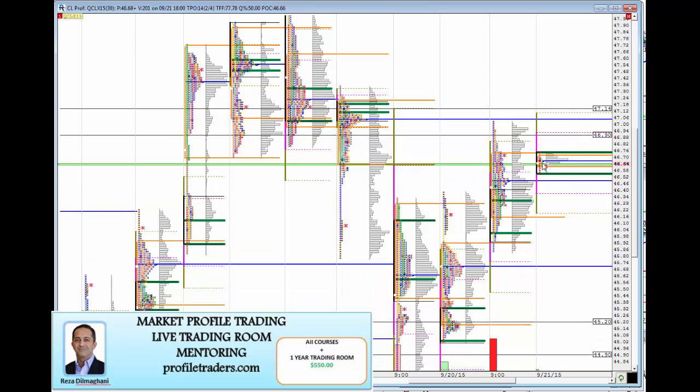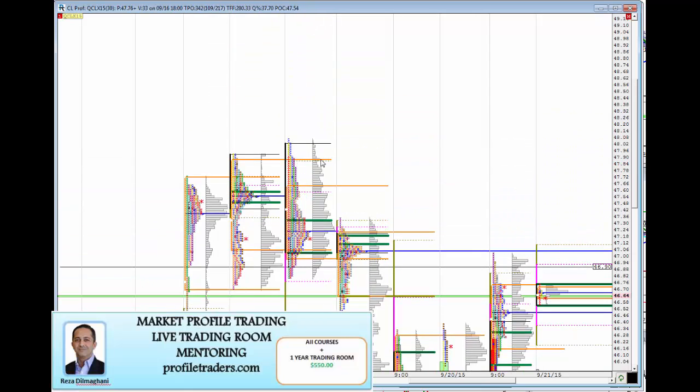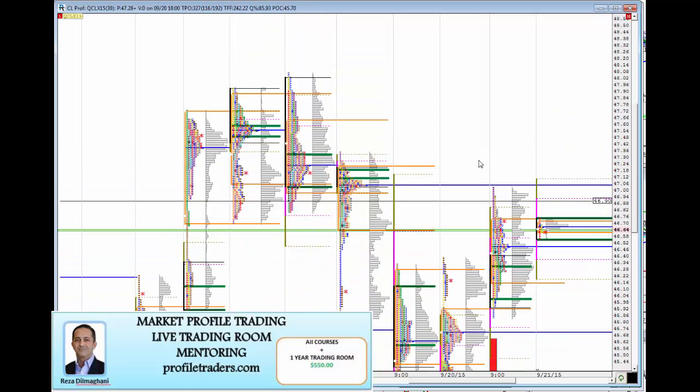It's either going to be a break up, and if that breakup happens, we are definitely going to go to challenge these highs here of 48, and then if 48 breaks, there is a big possibility that we are going to go to 50 and then ultimately 55.